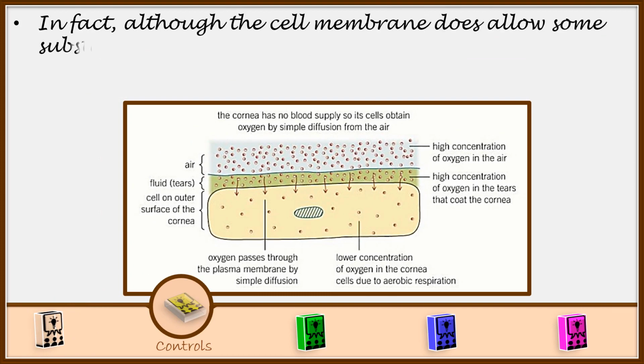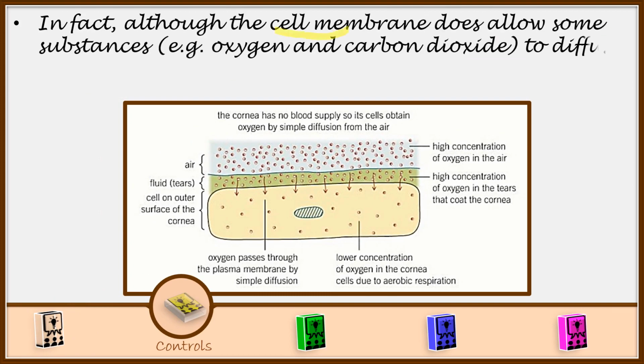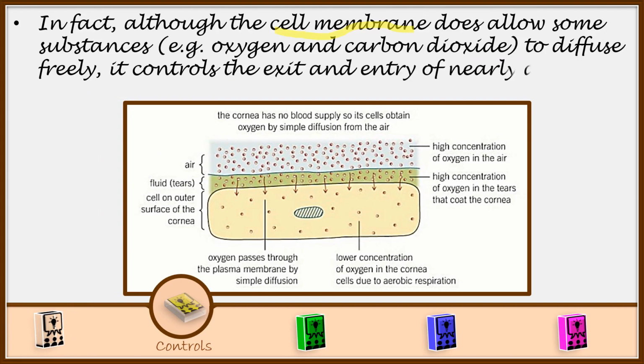In fact, although the cell membrane does allow some substances like oxygen and carbon dioxide to diffuse freely, it controls the exit and entry of nearly all other substances.